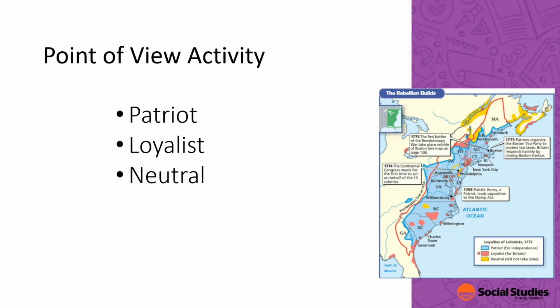I found that interesting. But their why was the religious. Great. So one reason why people stay neutral in the Revolutionary War is because of their religious beliefs. Thank you for sharing out.